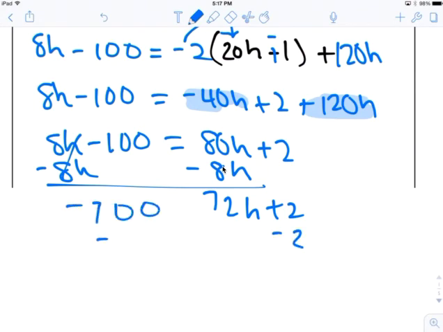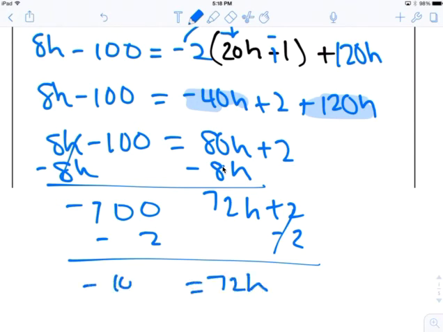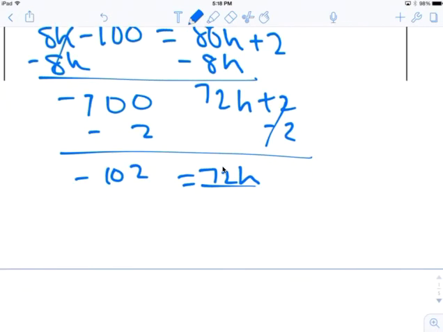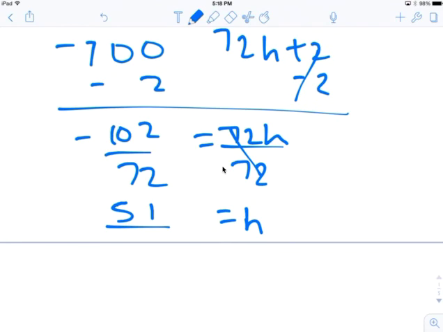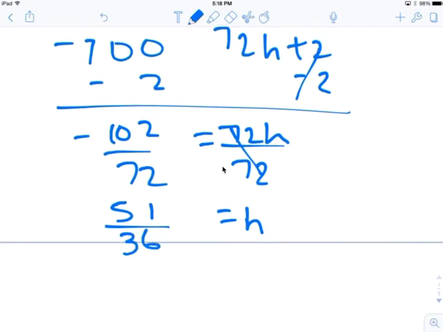Minus 2 on both sides. One solution: 72h equals -102. Divide by 72 on both sides. H equals -102/72, reduce that to 51 over 36. Reduce that, divide by 3.